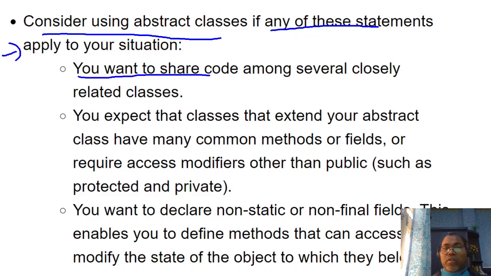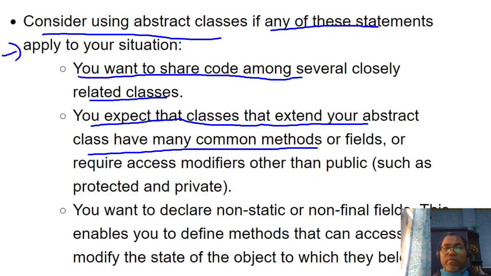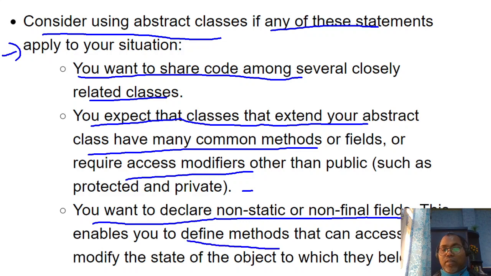If you want to share code among several closely related classes, the classes that extend your abstract class can have common methods or fields, with modifiers such as public, private, protected. If you want to declare non-static, non-final fields that enable you to define methods that can access and modify the state of the object. These are the situations and scenarios where you can go for abstract classes.